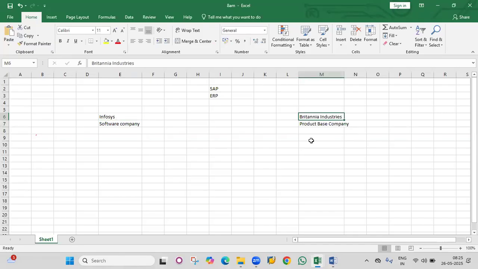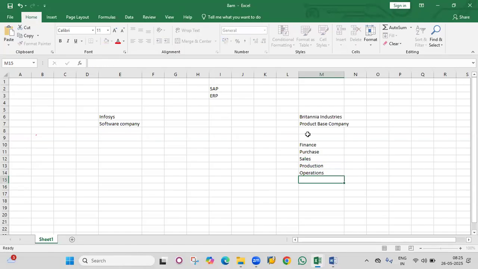To run the business successfully, they have many departments: finance, purchase, sales, production, operations, and HR, HCM. These are the different departments available in any company.